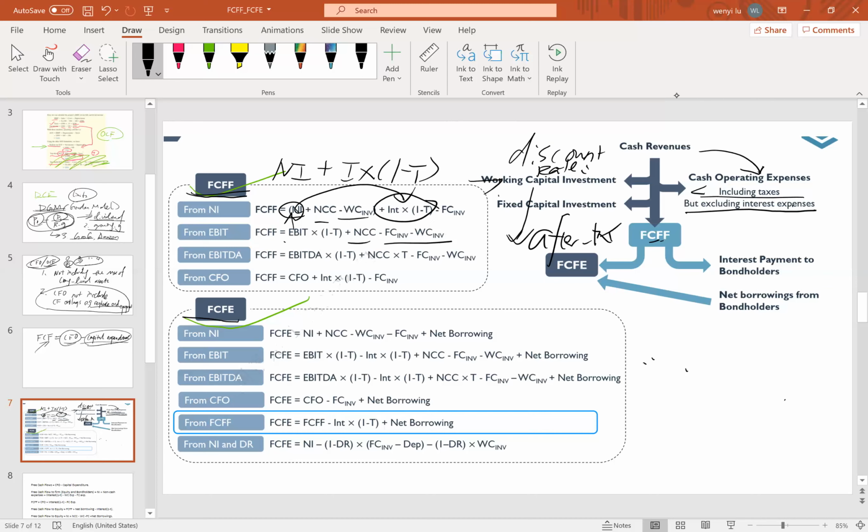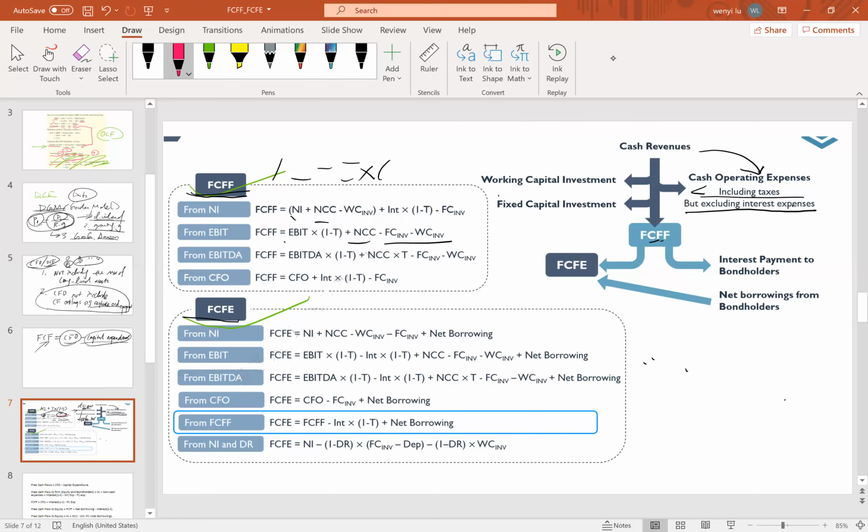So that's why this part should also be consistent. It should also be after tax, because our cost of capital is also concerned about tax, especially since we will have the tax shield. So that's why we have the interest times 1 minus T.